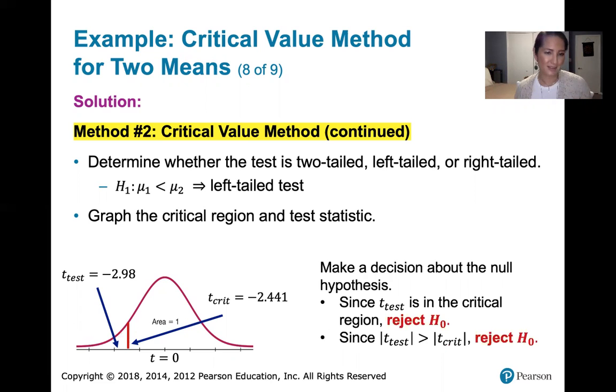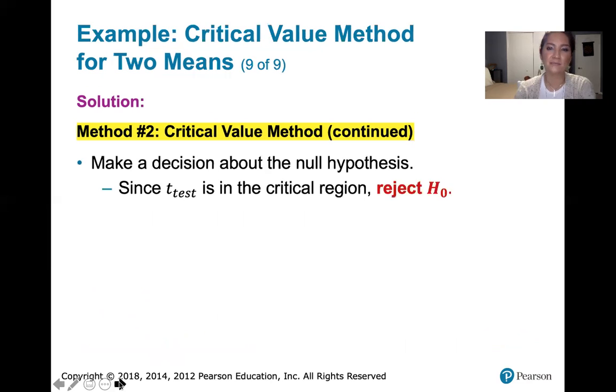So it's farther out in that tail. I mean, that's what absolute value means. It's distance from 0. So if this distance from 0 is greater than this distance from 0, this means that the test statistic is farther out in the tail, which means that the test statistic is in the critical region, which means we're going to reject the null hypothesis. I actually prefer the graphical approach myself, but some people just prefer to learn rules like this. But remember that rule just corresponds to showing algebraically that the test statistic is in the critical region. So we're going to reject the null hypothesis.